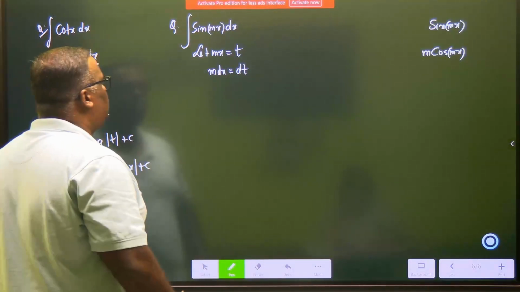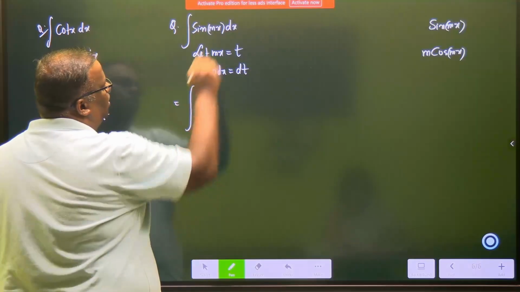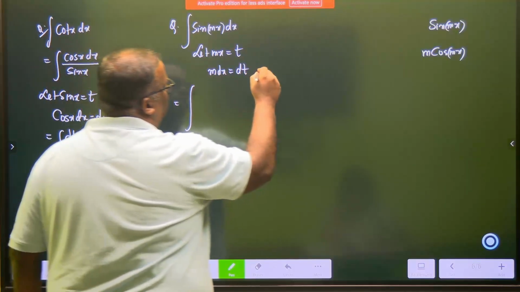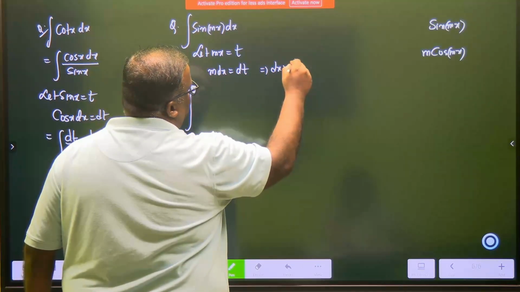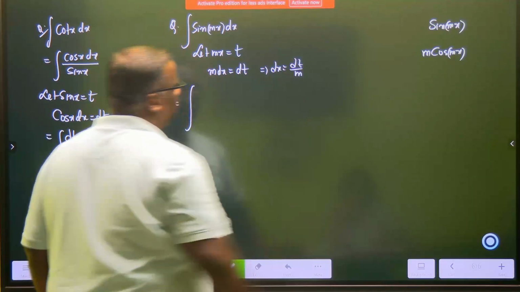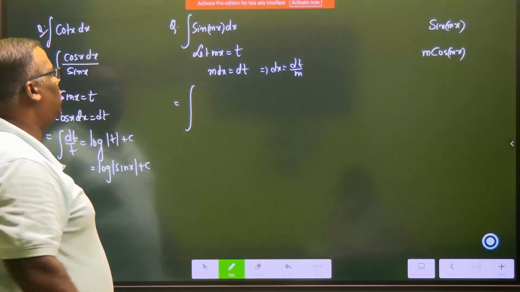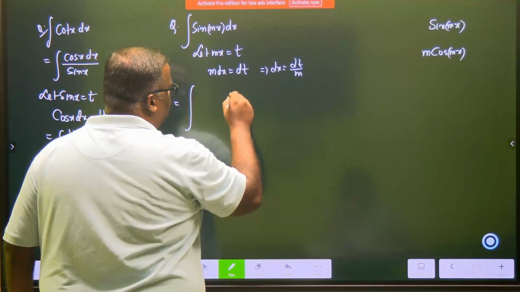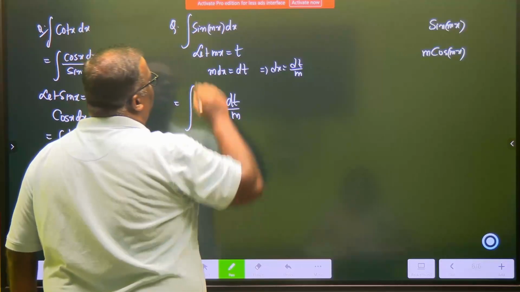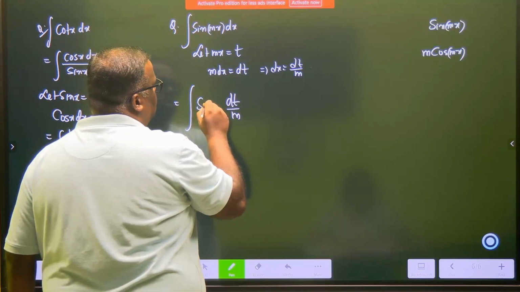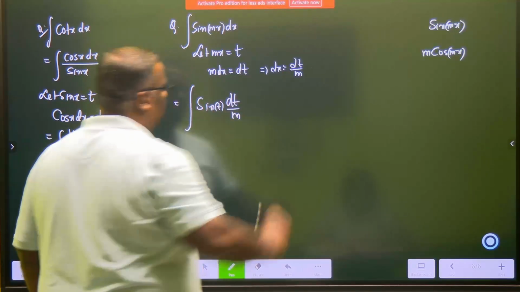Agreed? Now see how we will do here. Now, therefore, dx can be written as dt by m. So your dx you first substitute dt by m. And your sin mx now becomes sine of t.